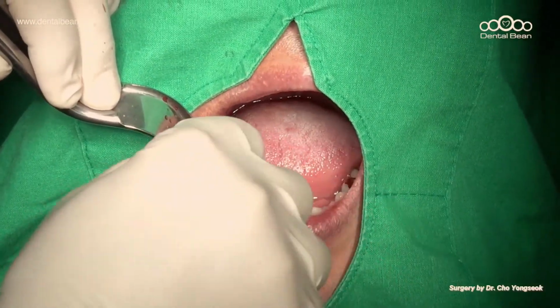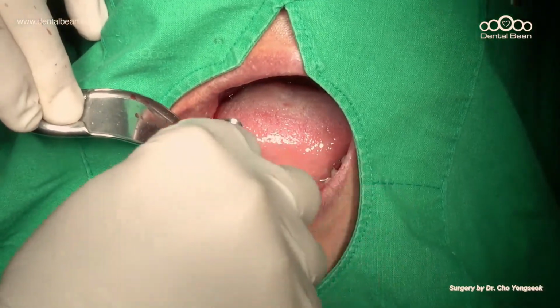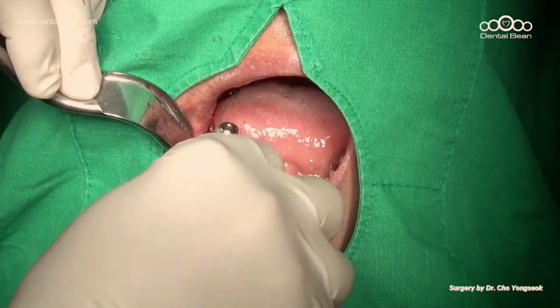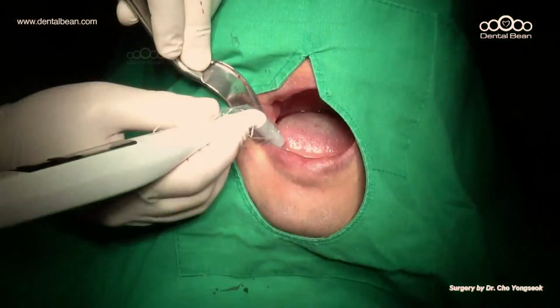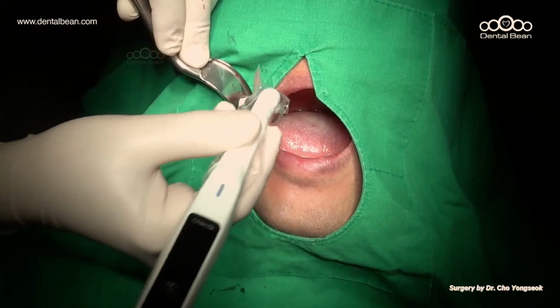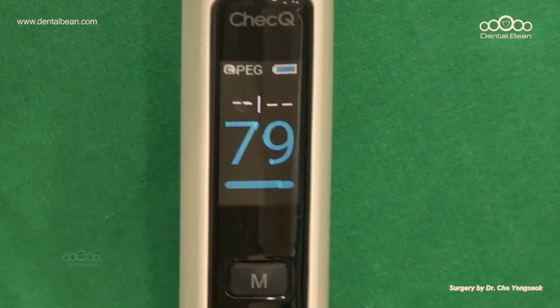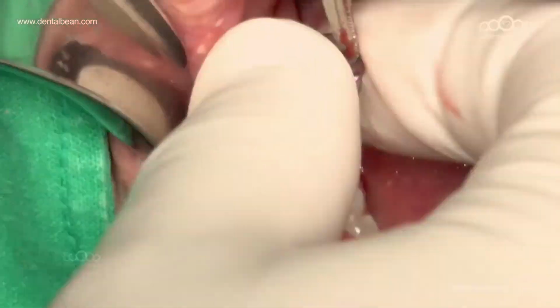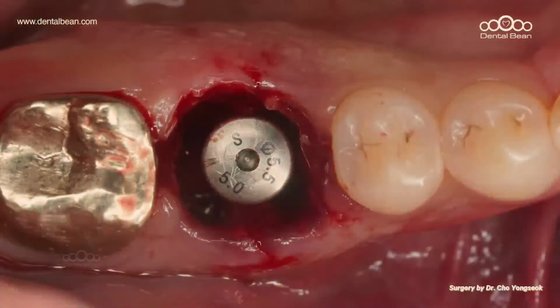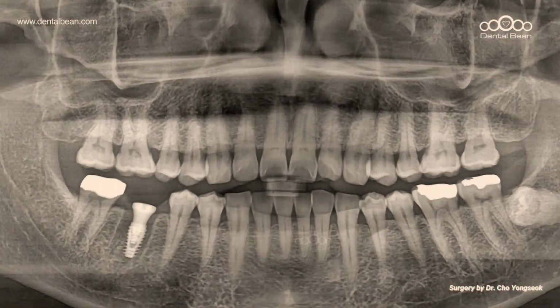Carefully control the depth of the implant. And I checked the ISQ value with the Check Q. 79, very nice. Connected the healing abutment. Okay, implant well positioned. Again, in this case, I didn't correct the bone around the implant, just finished.